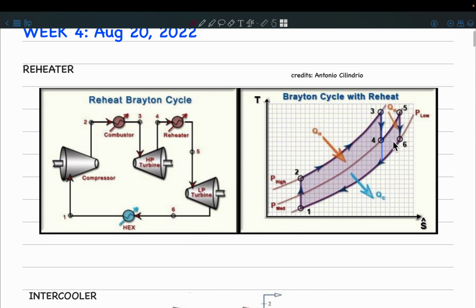So now tell, what was the question? What is going to happen to the thermal efficiency and the net work? Okay, so thermal efficiency, what do you think? Increases or decreases? Net work is increased.